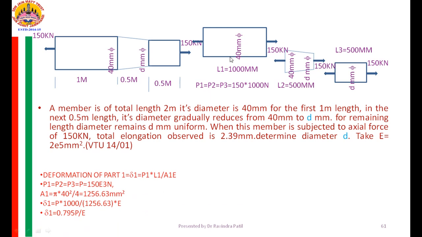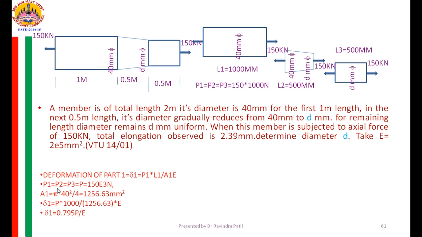First you go for the first part. Deformation is delta 1 is equal to P1 L1 divided by A1 E1. But in this problem it is seen that P1 is 150, P2 is 150, P3 is 150. Therefore it is common.